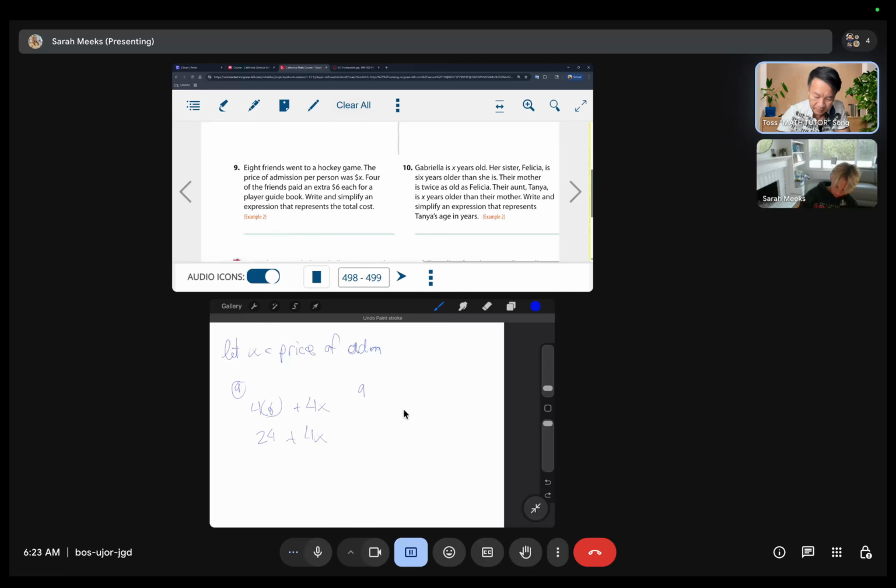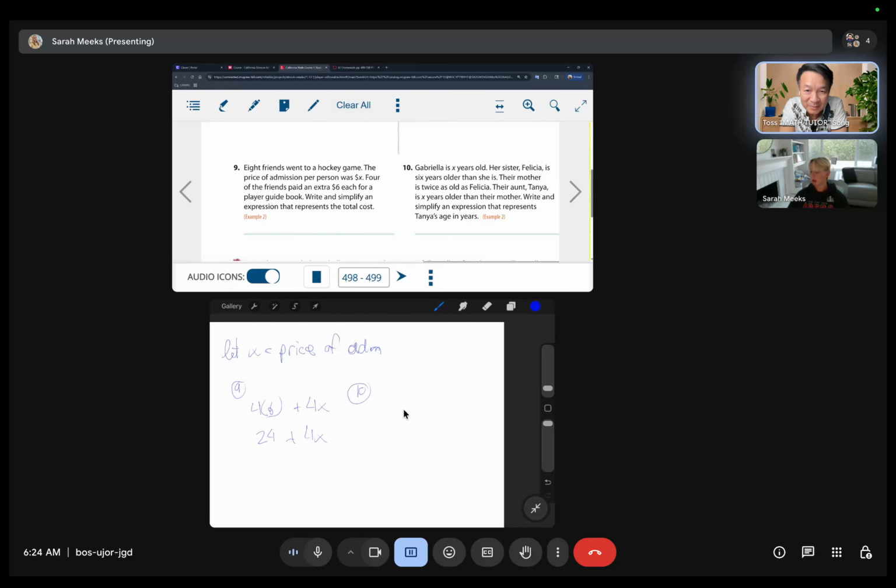Define the variable. Let's read. Gabriella is x years old. Her sister Priscilla is 6 years older than she is. Their mother is twice as old as Priscilla. Her aunt Tanya is x years older than her mother.